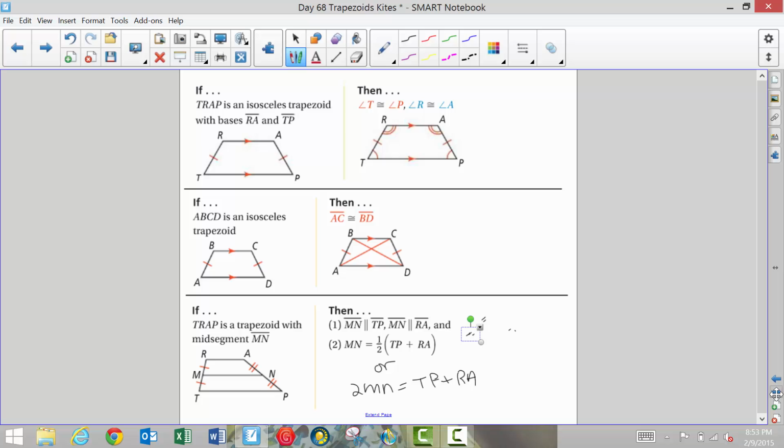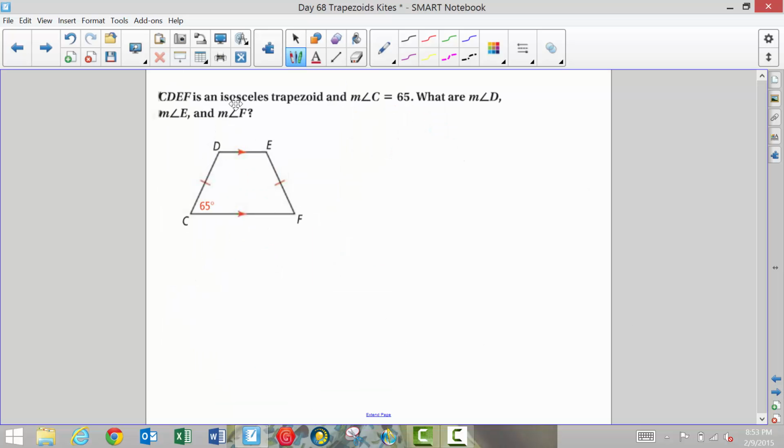So let's get to some examples. So here I have the isosceles trapezoid. I have angle C. I want the measure of every other angle. Well, you should know that D plus C equals 180. You should know that E plus F will equal 180.